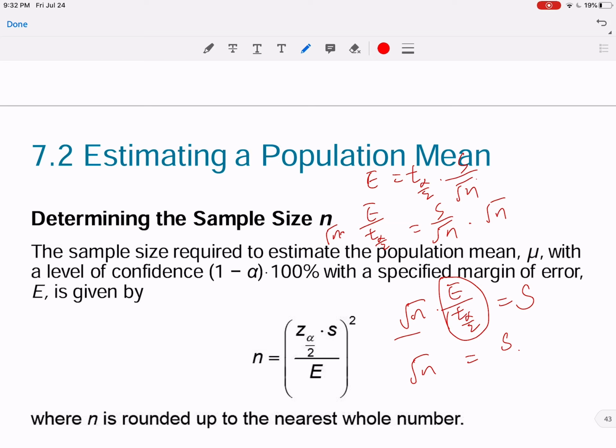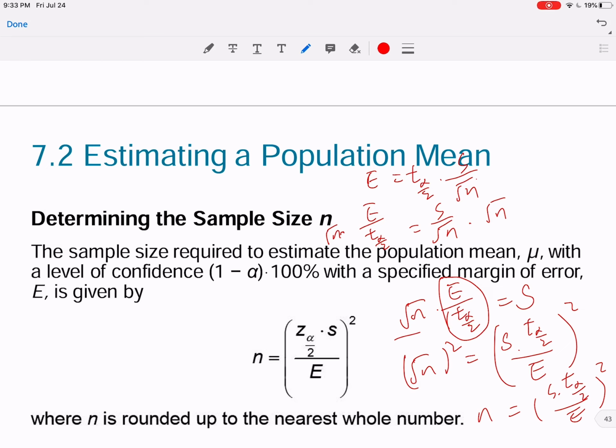So we multiply by the reciprocal of it: we put the t sub half alpha on the top and then divide by E. And then we square it.